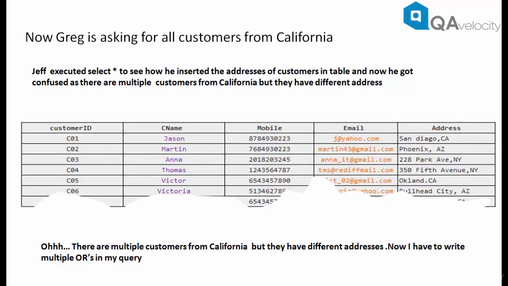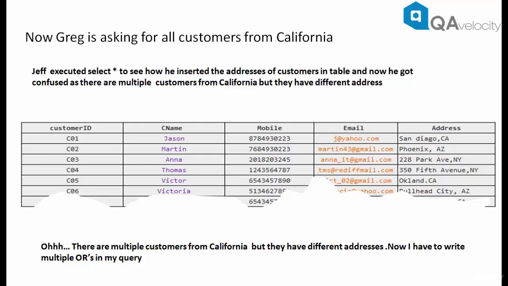So now Greg is asking for all customers from California. Jeff executed select star to see how he inserted the address of customers in the table, and now he got confused as there are multiple customers from California, but they have different addresses. If you see the table, customer C01 Jason lives in San Diego, which is in California.